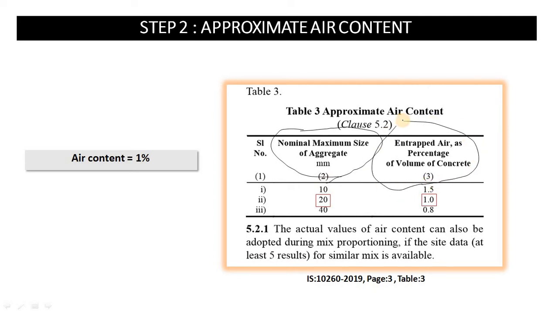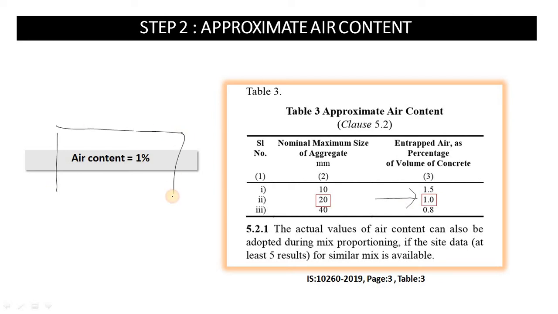So in our case the maximum size of aggregate provided is 20 mm. So for 20 mm the percentage of air content is 1%. So we have taken the air content as 1%.